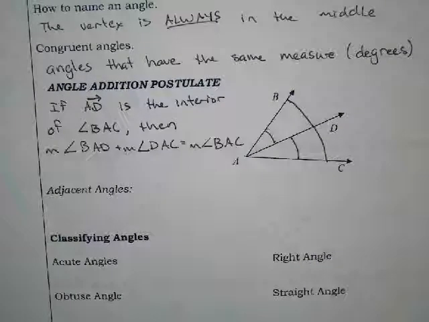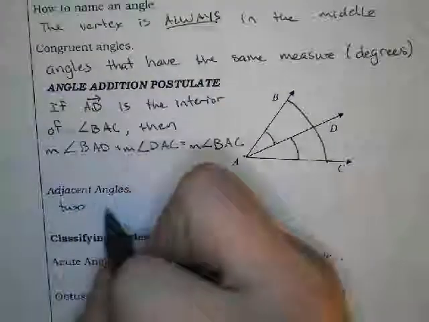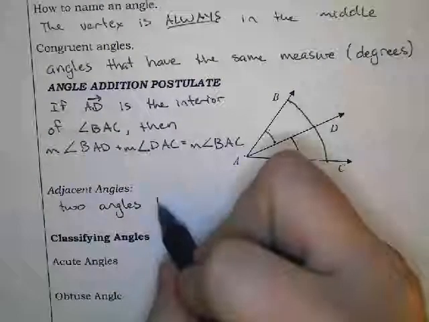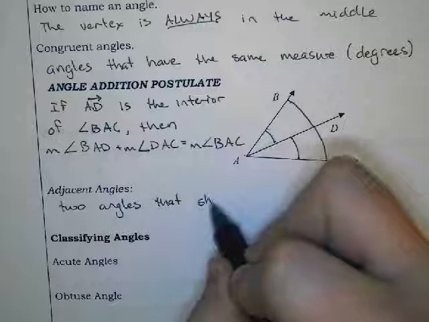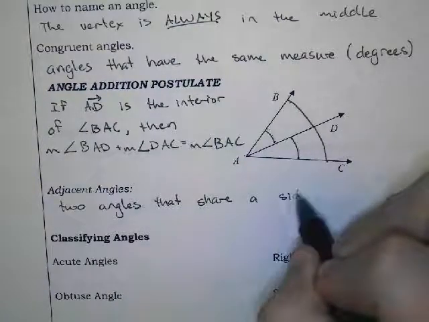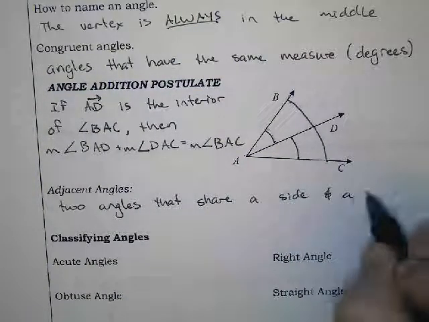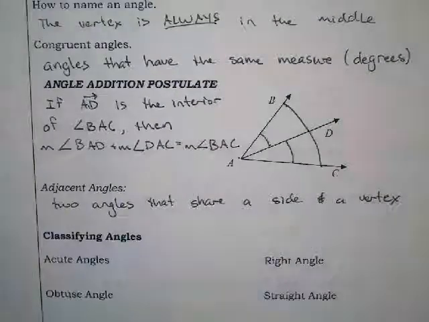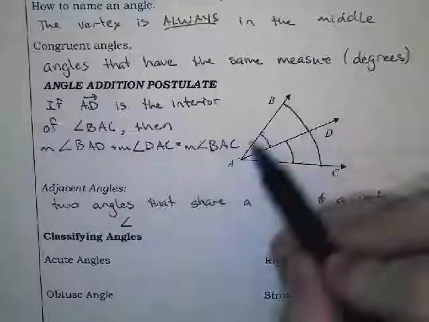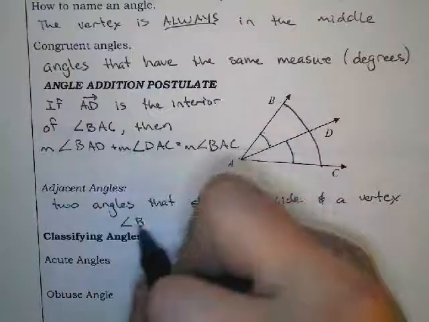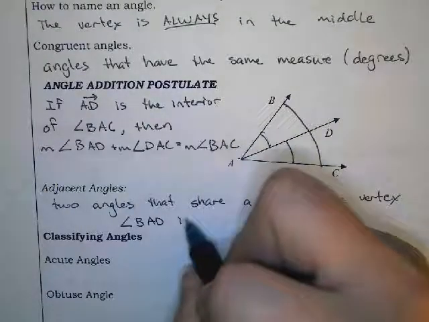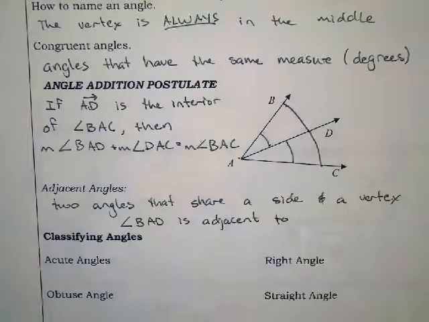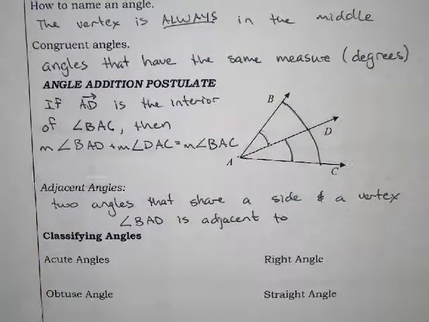So adjacent angles are two angles that share a side and a vertex. So we can say angle BAD is adjacent to, they share a side and a vertex.